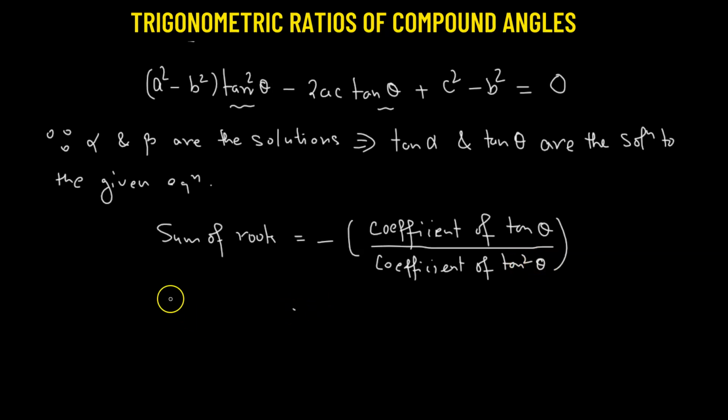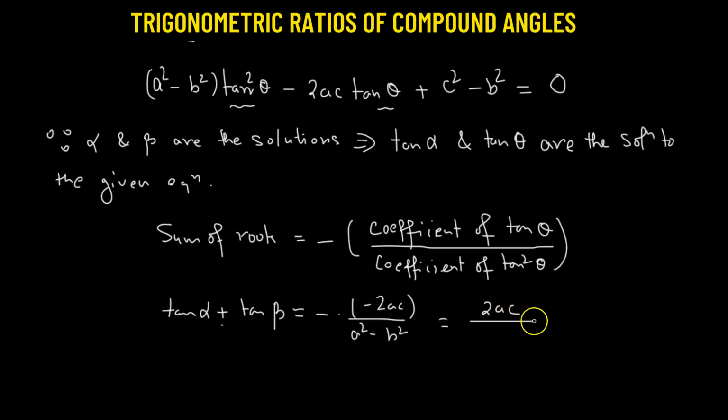So the sum of roots, tangent alpha plus tangent beta, equals negative of the coefficient of tangent theta, that's negative 2ac, divided by the coefficient of tangent squared theta, that's a squared minus b squared. So we have obtained tangent alpha plus tangent beta equal to 2ac over a squared minus b squared.